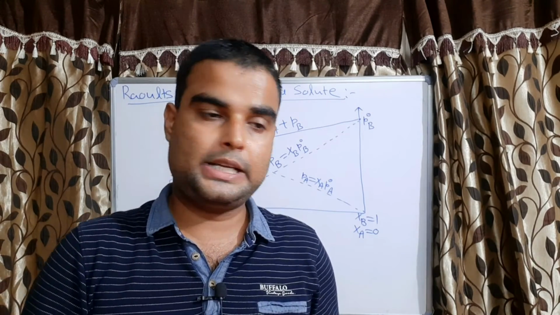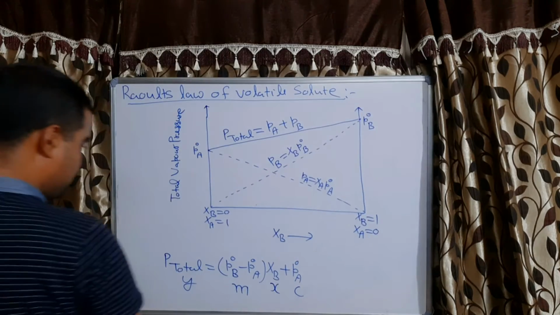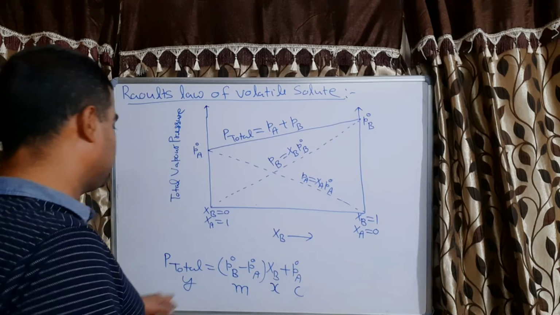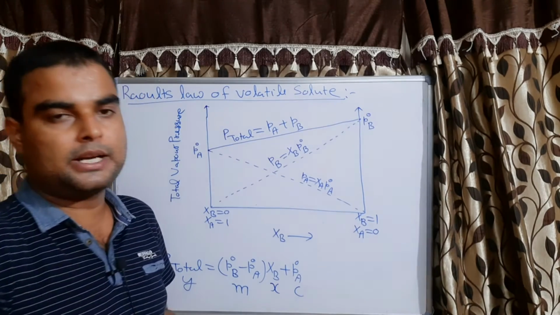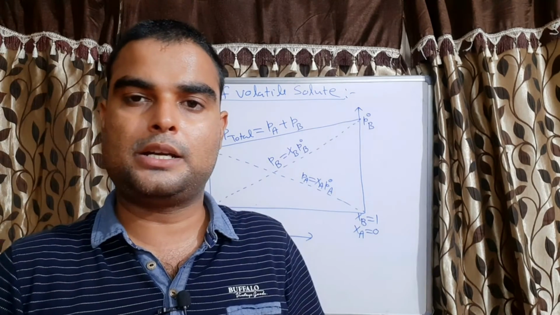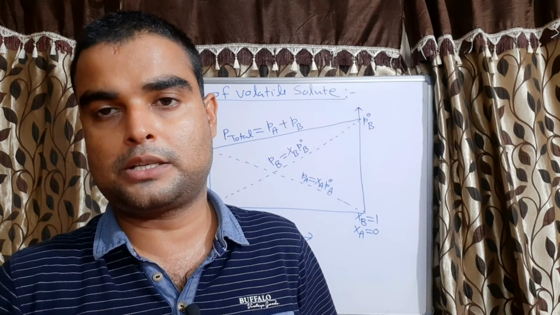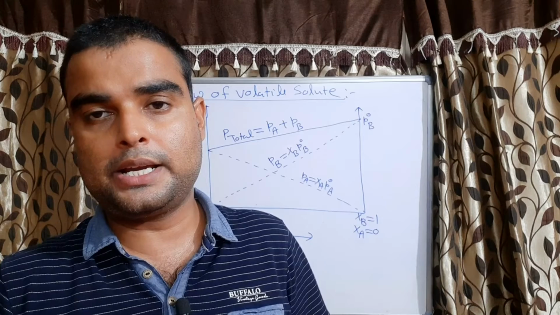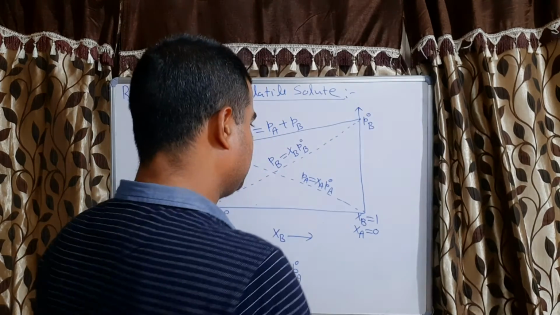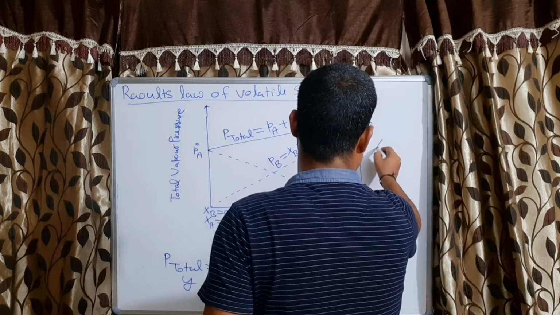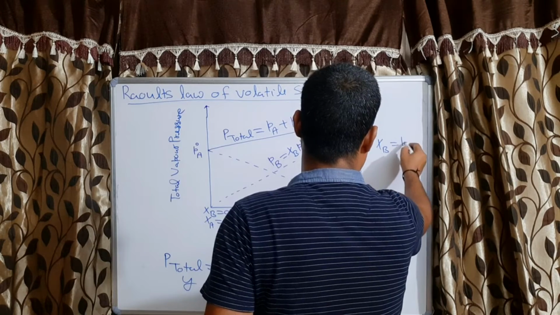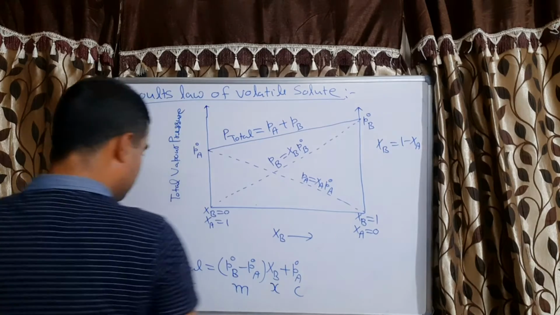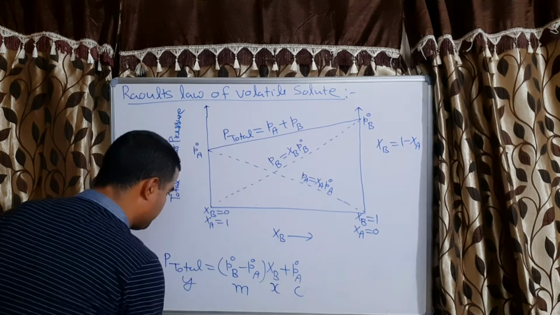Now, there is one more thing. As I told you in the beginning, here in this equation I have taken the mole fraction of A in terms of mole fraction of B. If we take the mole fraction of B in terms of mole fraction of A, then what will come? XB will be equal to 1 minus XA, correct? Then this equation will be just opposite.